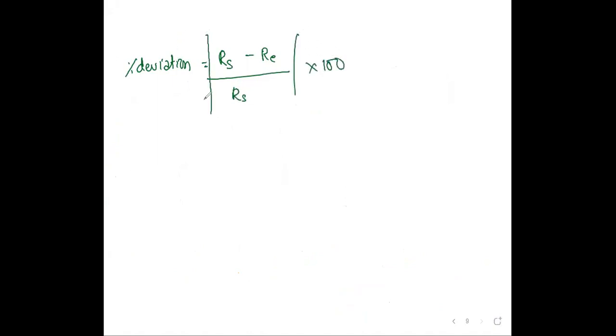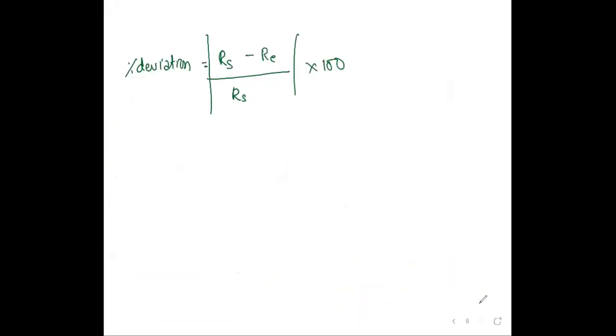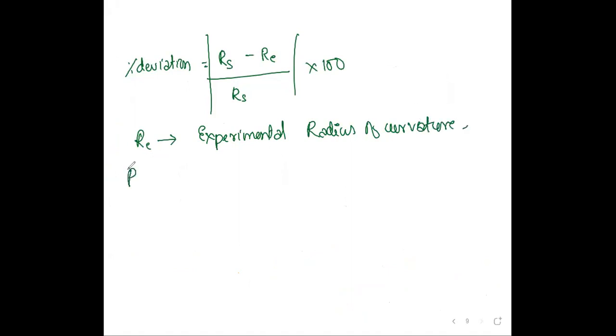RE means the value which you obtained from this calculation, the experimental radius of curvature. RS means the standard radius of curvature. Then you have to calculate the percentage deviation.